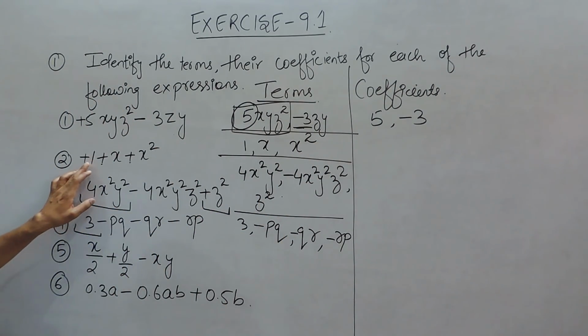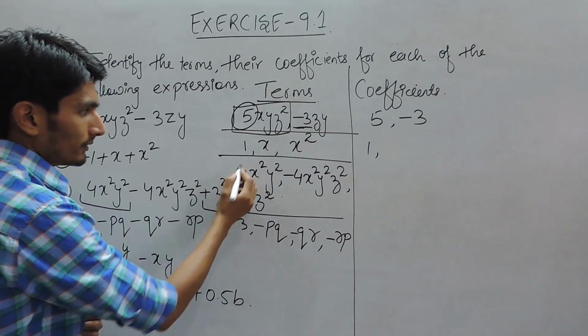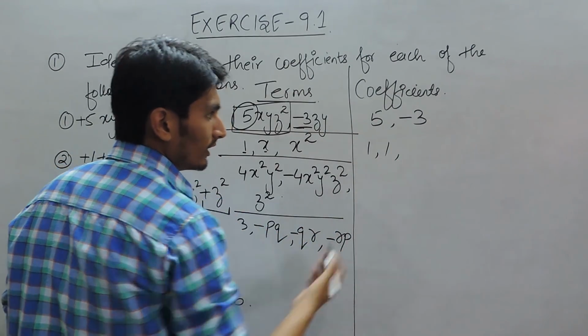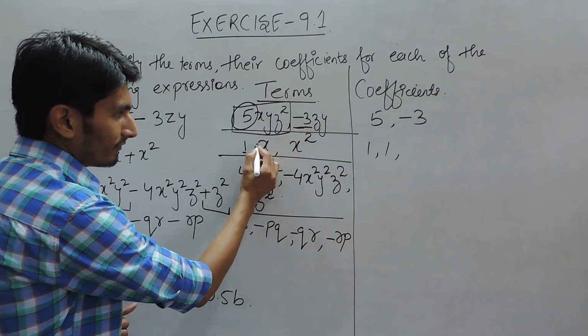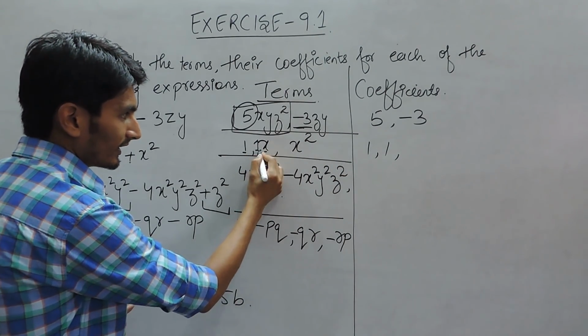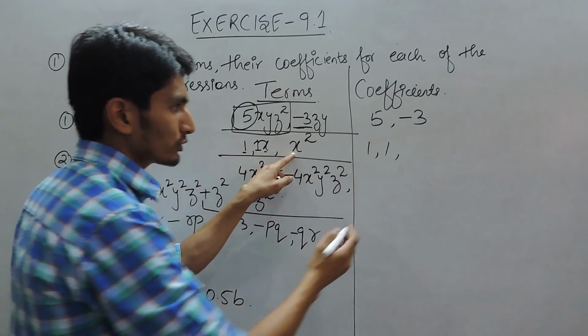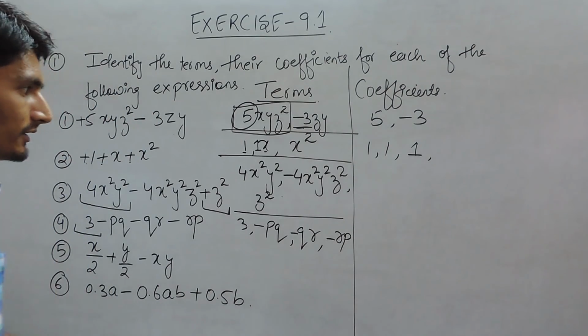Same case with this. In the first term 1 should be the coefficient because here it is 1. In the second also 1 should be the constant coefficient, or you can say numerical coefficient. If nothing is written, we can consider it as 1. And in the last term also 1 is the constant coefficient.